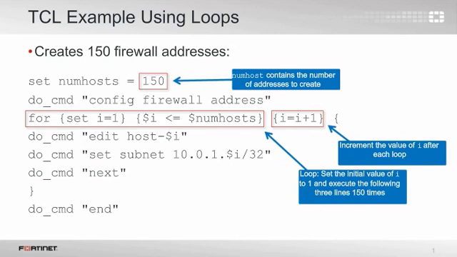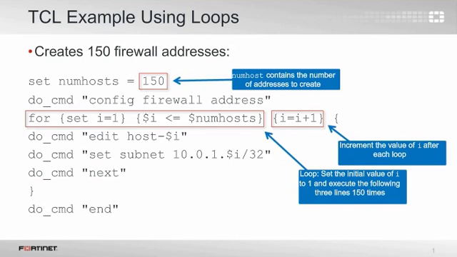What is actually executed in FortiGate are the following CLI commands: config firewall address, edit host-1, set subnet 10.0.1.1/32.